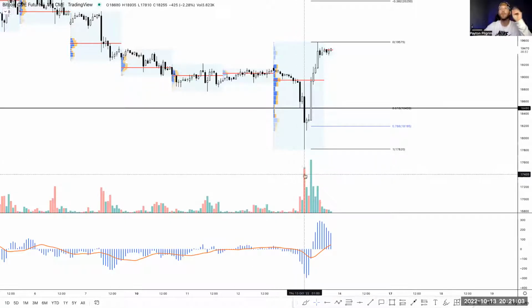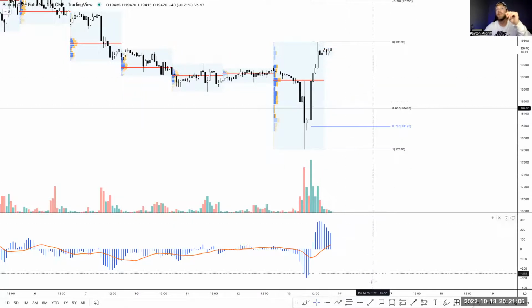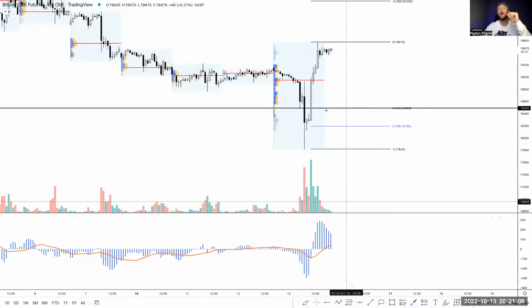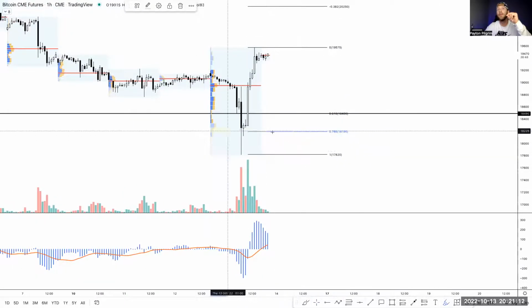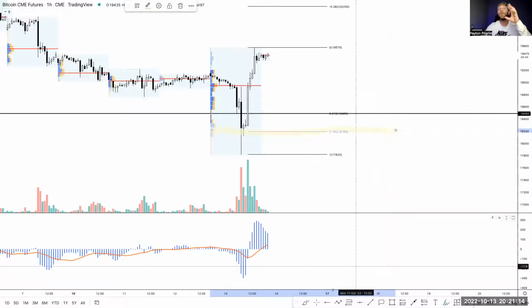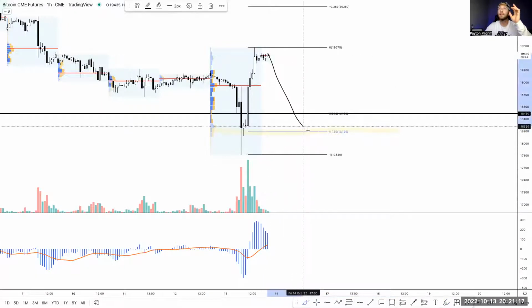You got to switch up your bias. Sometimes that happens, and this is one of those cases where we really have to switch up our bias to understand that this might be a bottom. So when Bitcoin comes back into these areas, you want to buy it.